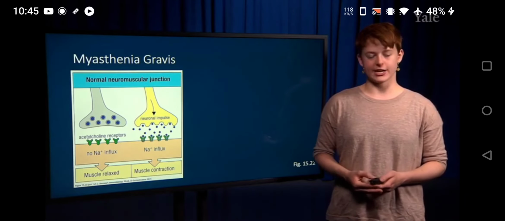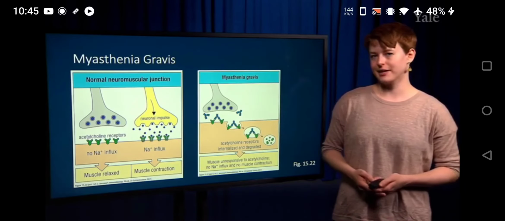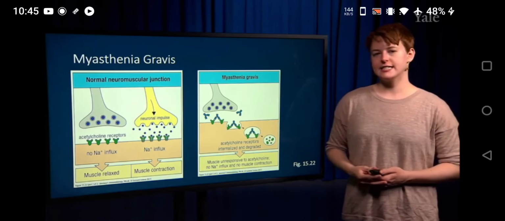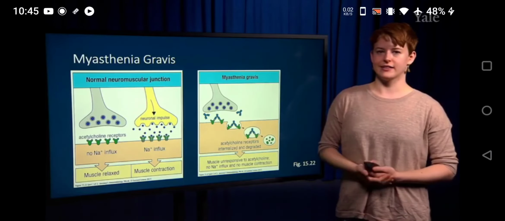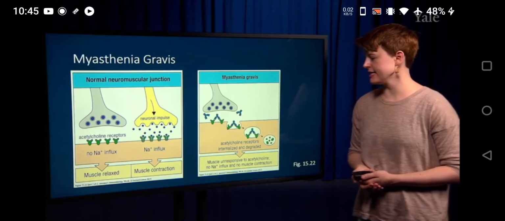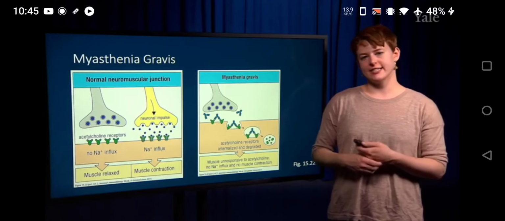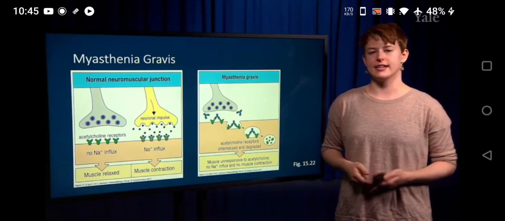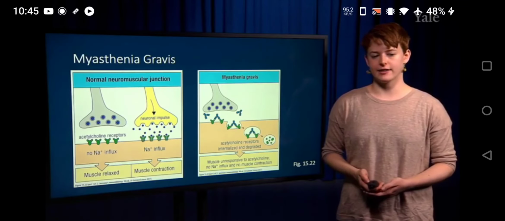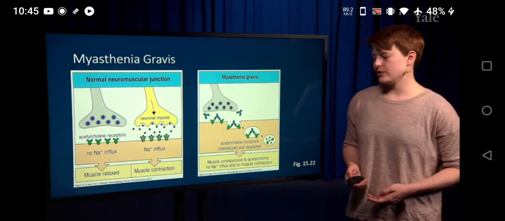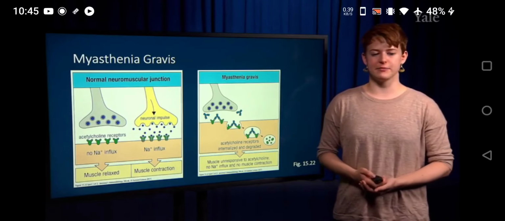However, in Myasthenia Gravis, we have autoantibodies that come in and block this receptor, and this then leads to internalization of the receptors, and the muscle cells can no longer respond to acetylcholine release by the neurons. So this leads to progressive unresponsive muscles that no longer contract.